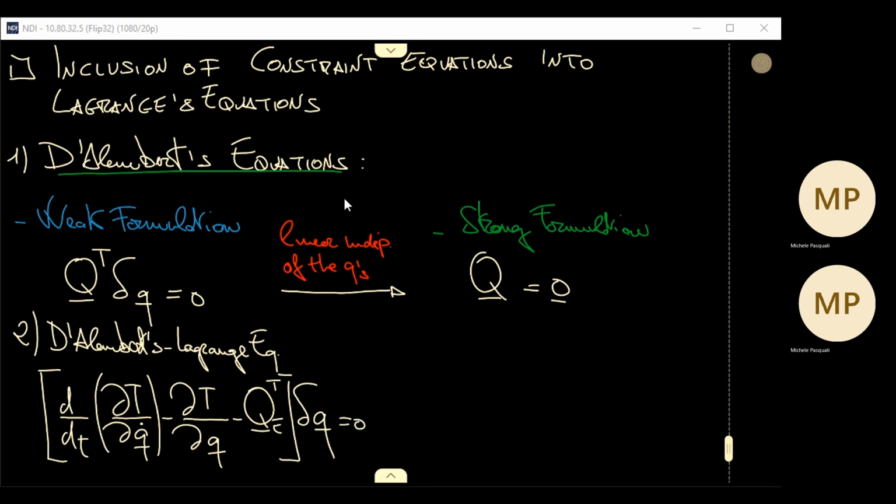And through the hypothesis of linear independence, we had what we call Lagrange equation, in a more proper form.